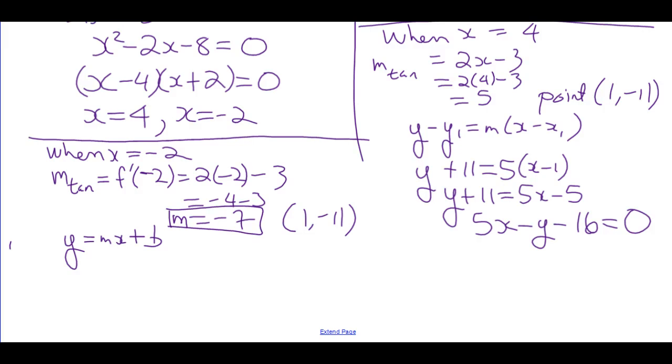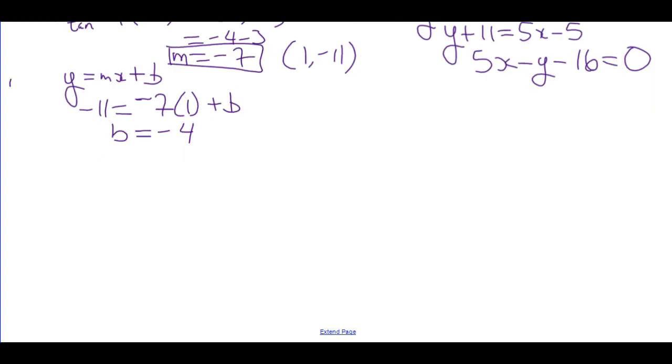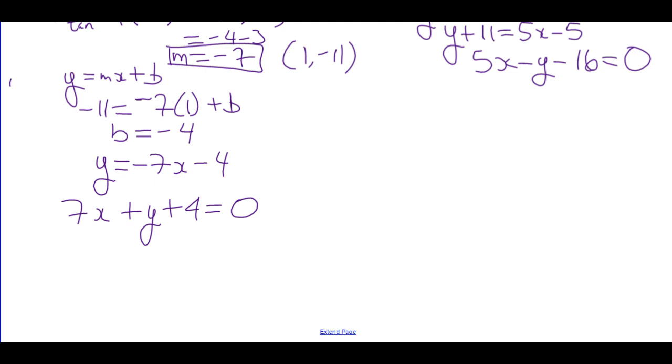Why bother? So negative 11 is equal to negative 7 times 1 plus b. So b is negative 4. So we get y is equal to negative 7x minus 4. So we get 7x plus y plus 4 is equal to 0.